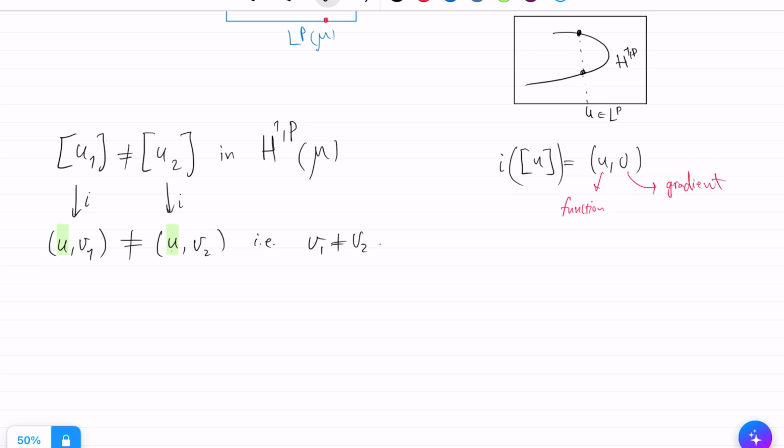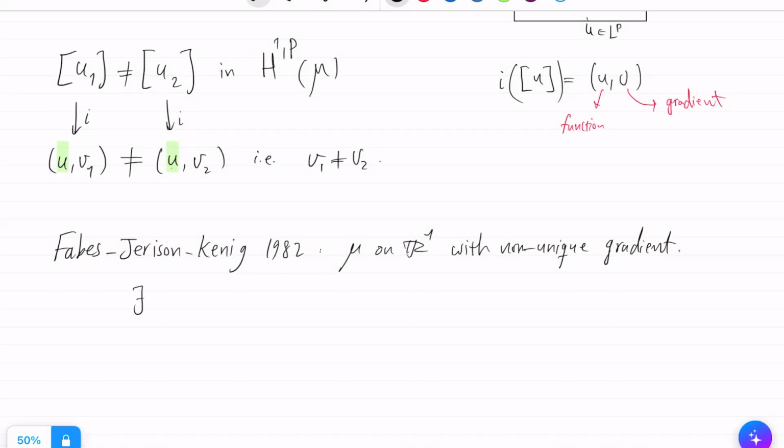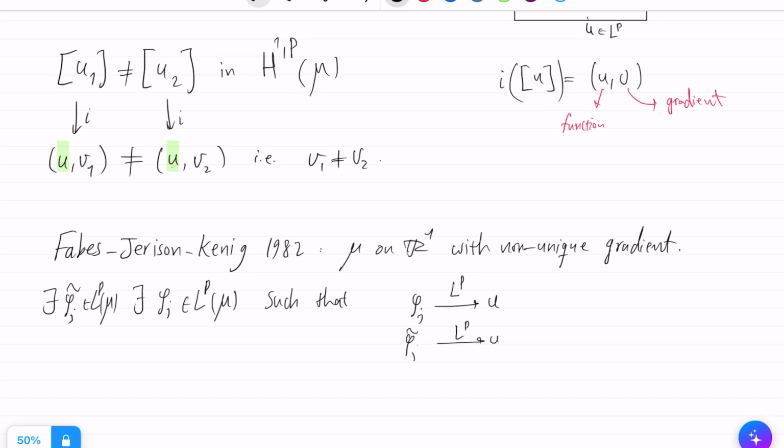And such examples do exist even in R1. There exist phi j in LP of this mu, actually two sequences: phi j and phi j tilde, such that phi j converge to a u in LP, and phi j tilde converge to u in LP also, all with the weight.